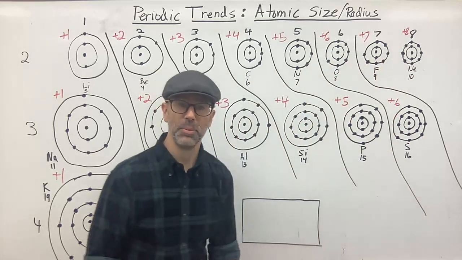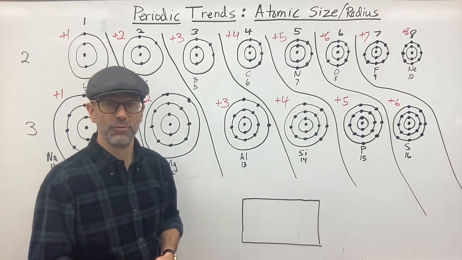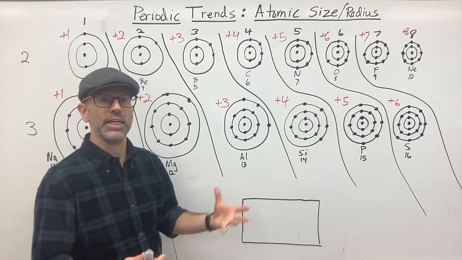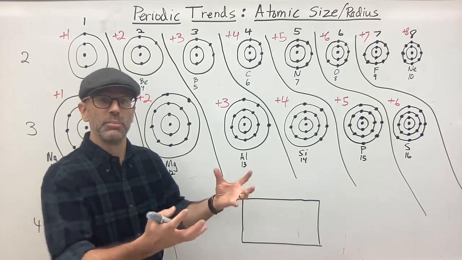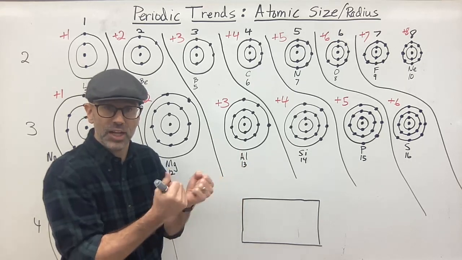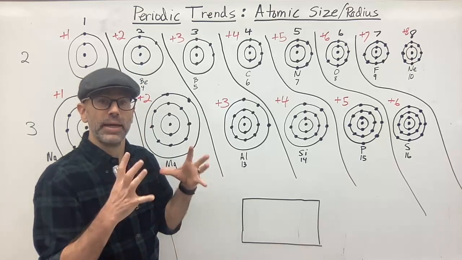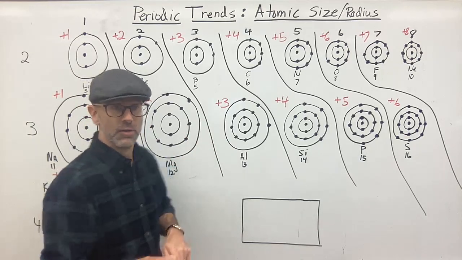Well, what's going to happen to the electrons that are feeling the greater force? They're going to be attracted more strongly, and they're going to be pulled in closer to the nucleus because of that larger attractive force that they're feeling. And so that's going to make the atom smaller, right?